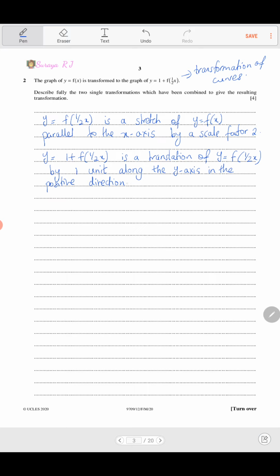That is, we translate the curve by 1 unit upwards. Or we can write it as translate f of half x by the vector (0, 1).